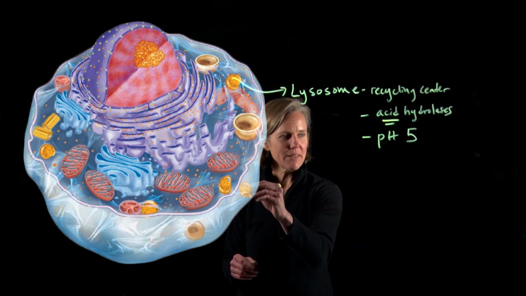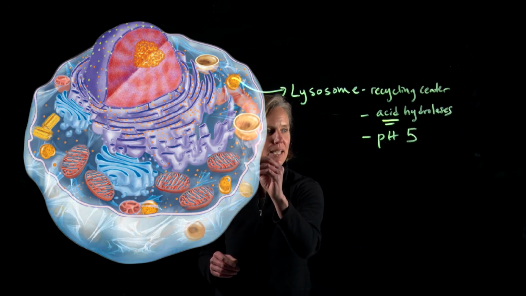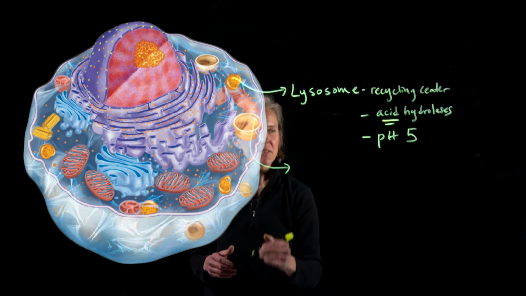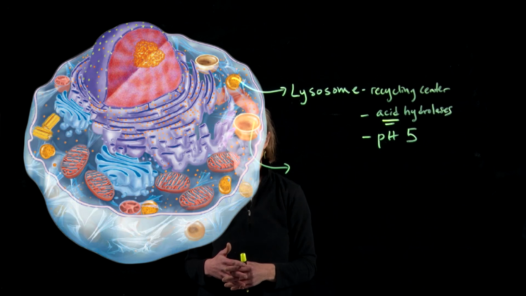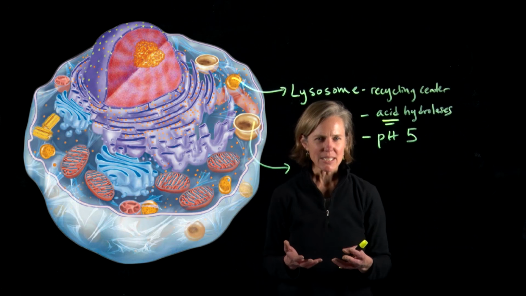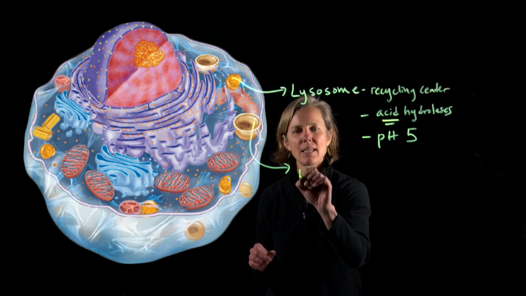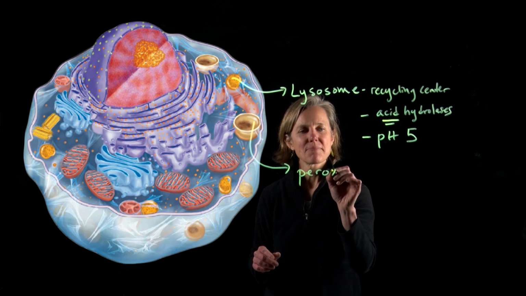The second organelle that breaks things down in the cell is called the peroxisome, shown here. Notice that both of these organelles look similar. They're both spherical organelles that are enclosed by a single membrane, but they have different functions.